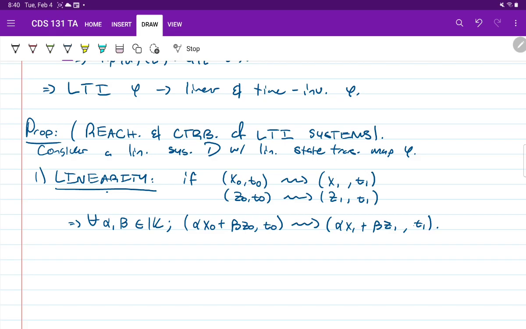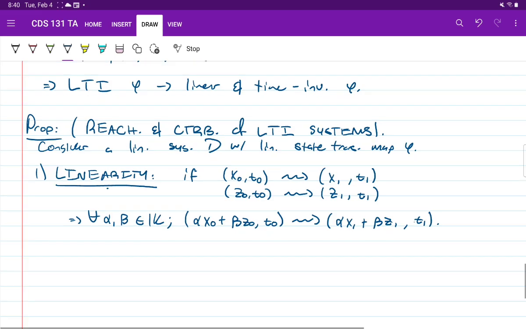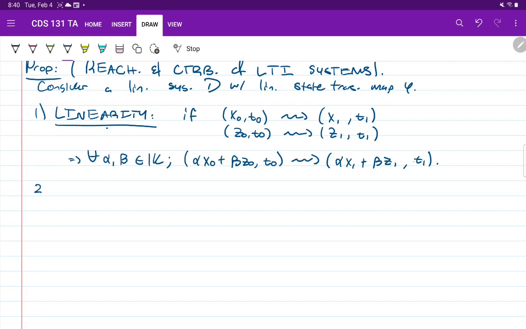Okay? So basically what we're saying is that if our system has a linear state transition map, then we can reach any linear combinations of states which we can ordinarily reach. Okay? All right, fantastic. So that's linearity.